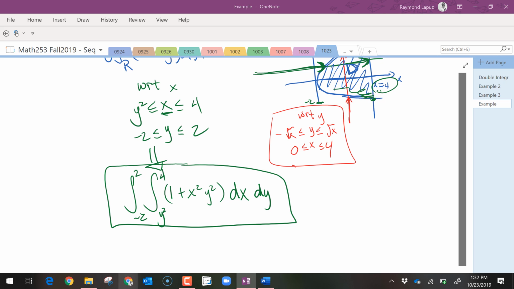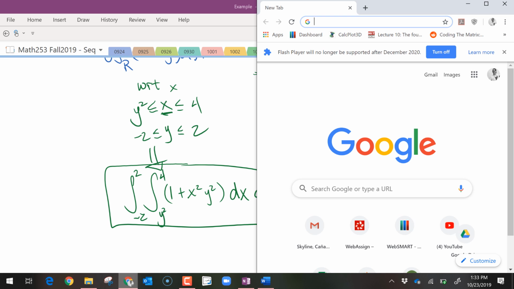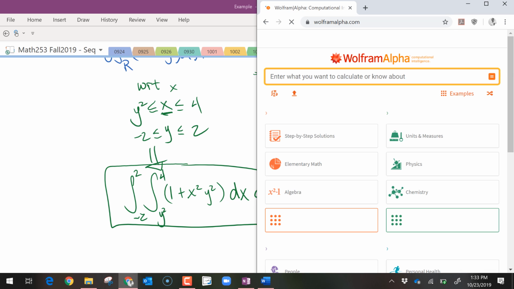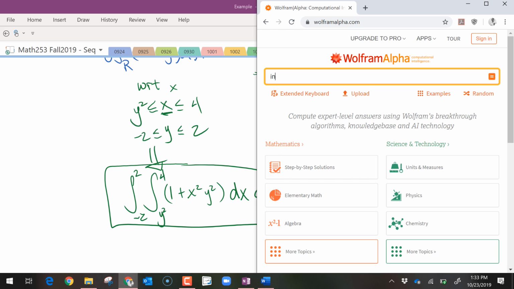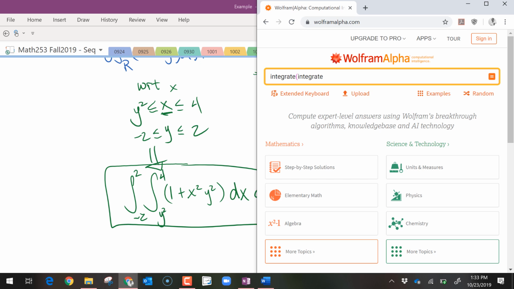So in your homework, you'll have a lot of integrals, and you actually have to compute them. Let me give you a hint. Integrate, open parentheses. Integrate again, open parentheses, 1 plus x squared times y squared.